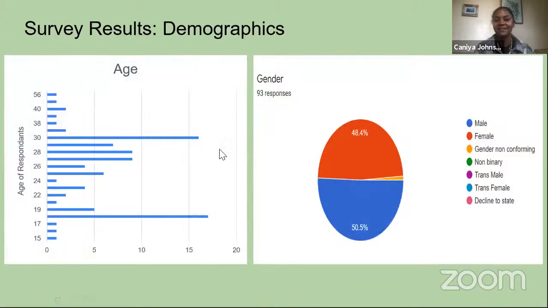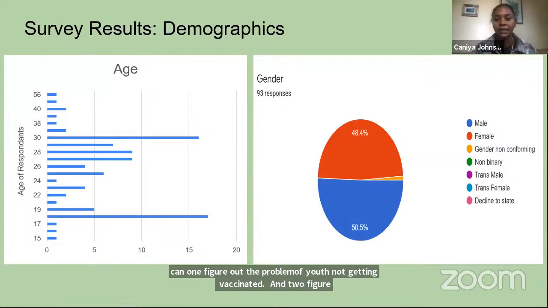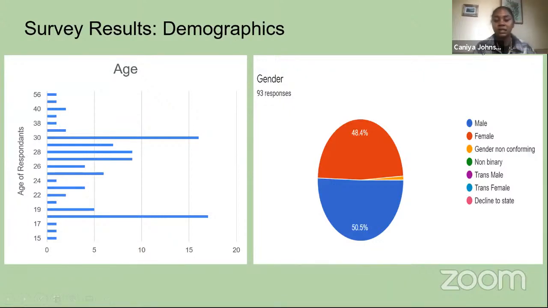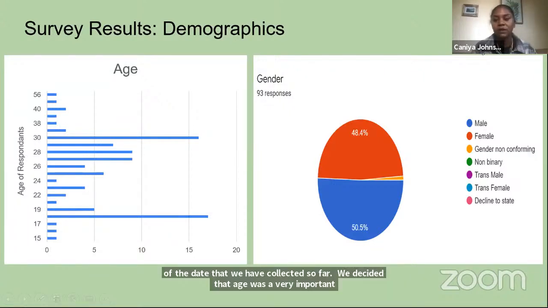Next slide, please. So we decided to show you guys some of the data that we have collected so far. We decided that age was a very important response. And so as you can see, there are some people who did the survey who were not in the target age frame, but we definitely value everyone's opinion as we are trying to figure out what we can do better to educate people.